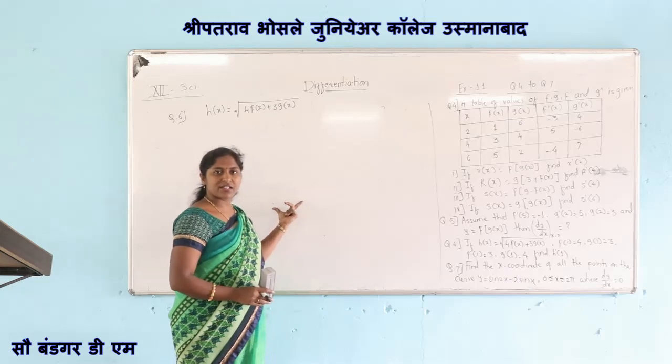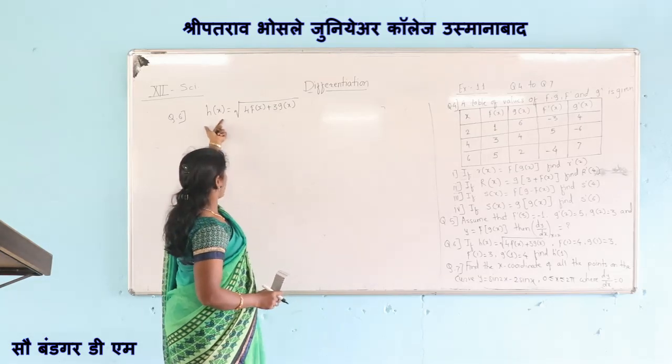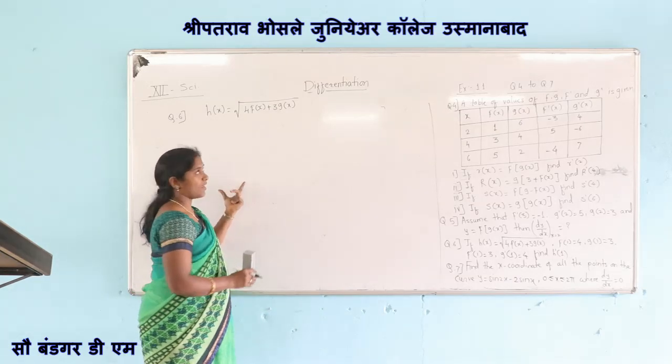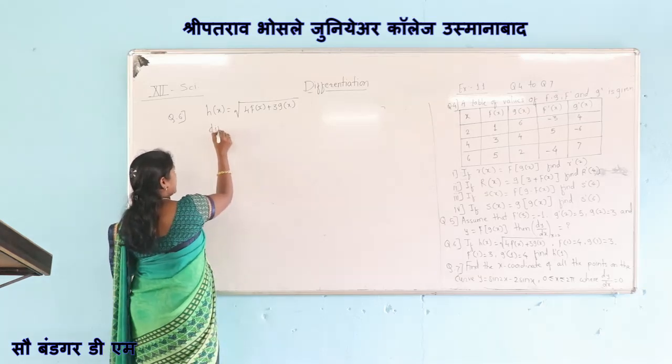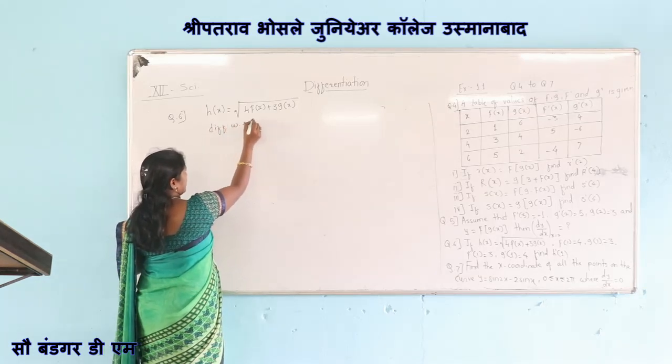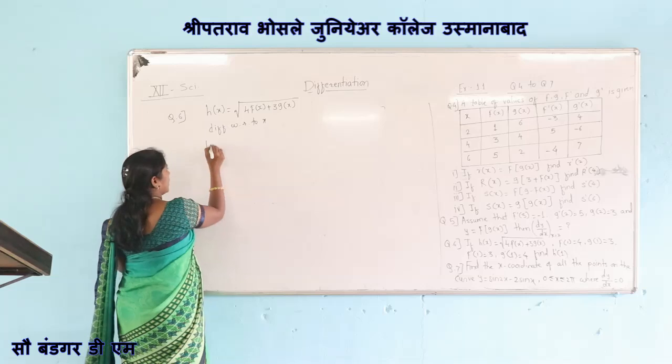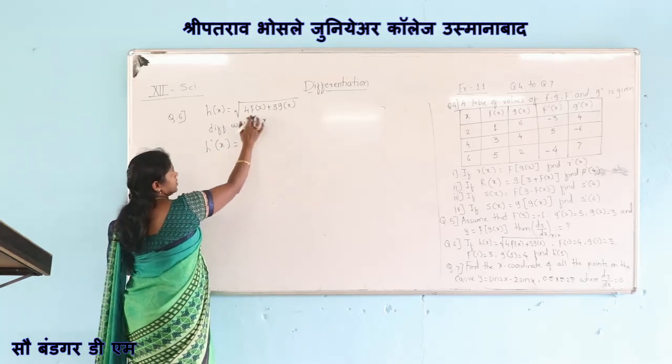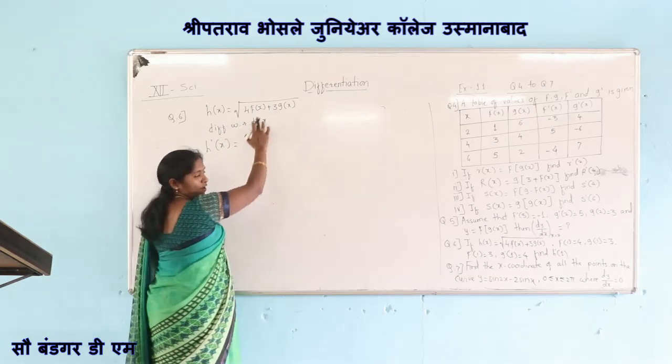Now to find h dash of 1, we first of all find h dash of x. So differentiating with respect to x, we get h dash x using the under root f of x form.